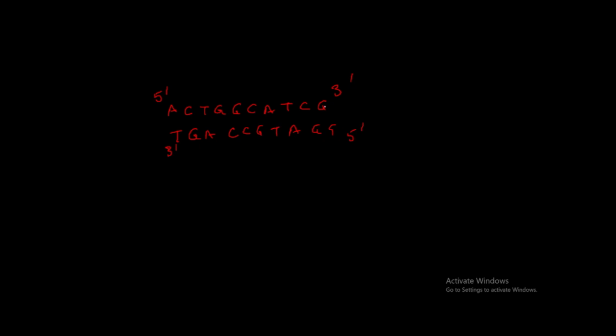So can you tell me which one is going to be your coding strand and which one is going to be your non-coding strand? This particular sequence is going to be your coding strand, which is also known as the non-template strand. Don't get confused, it is always denoted by a positive sign.